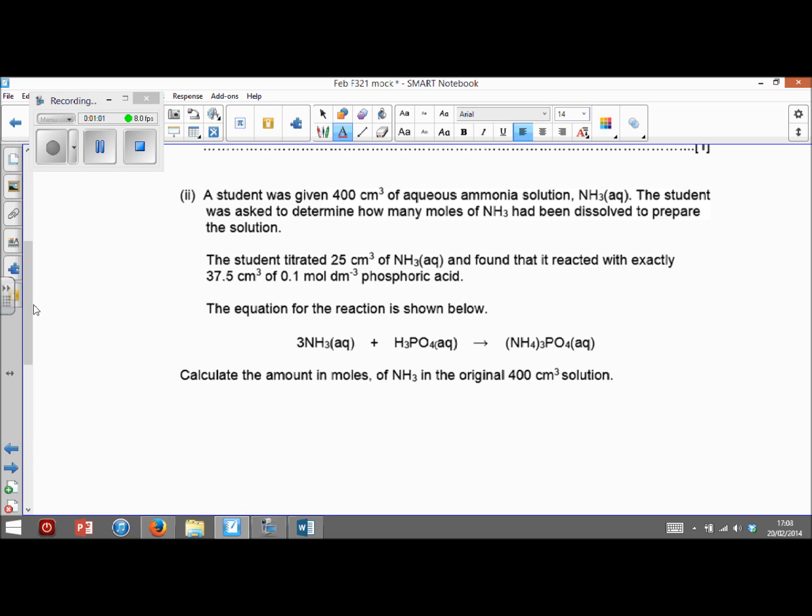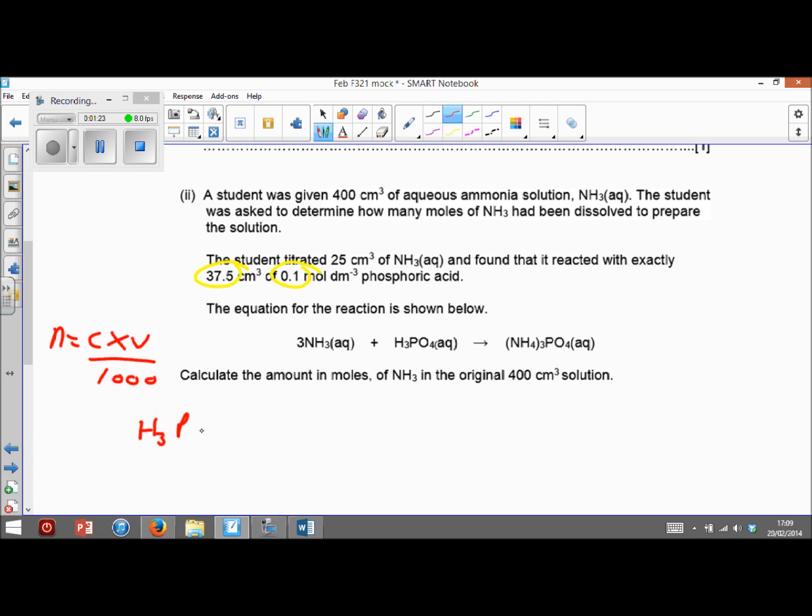Calculate the amount of moles of NH3 in the original 400 centimetre cubed solution. The first thing that should shout out to you is that you've got concentration and volume. If you've got concentration and volume, n equals C times V over 1,000 in this case because it's in centimetre cubed, to calculate moles.